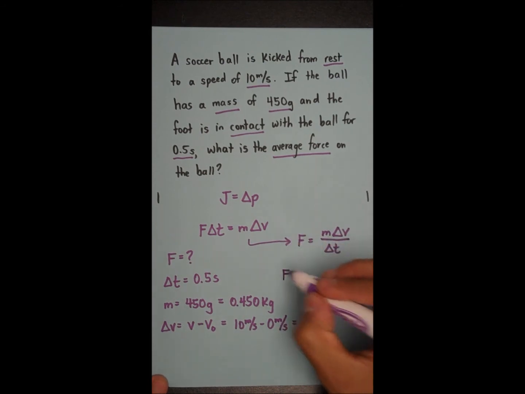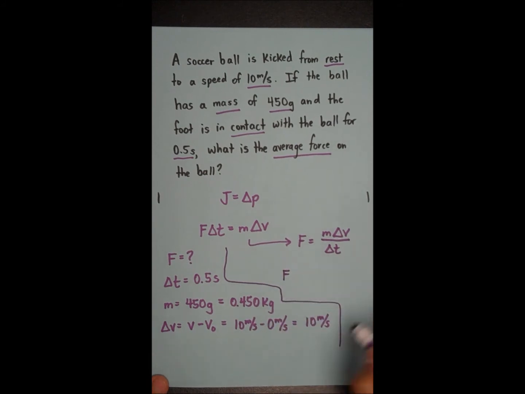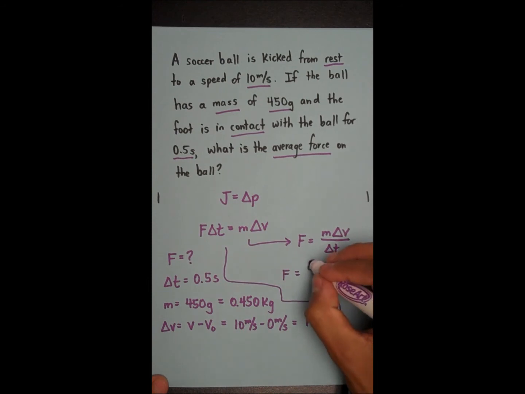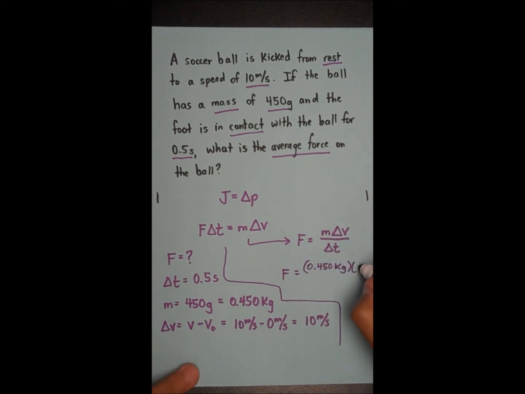So then my force, let me just separate that out, equals 0.450 kilograms times change in velocity of 10 meters per second over a contact time of 0.5 seconds. And when we do this, we get a force that's, let's see, 9, and force is measured in newtons.